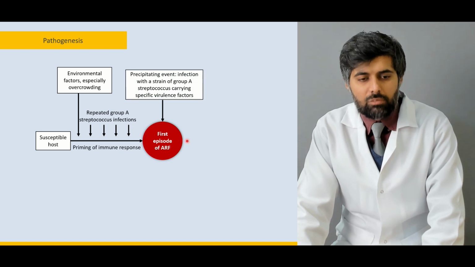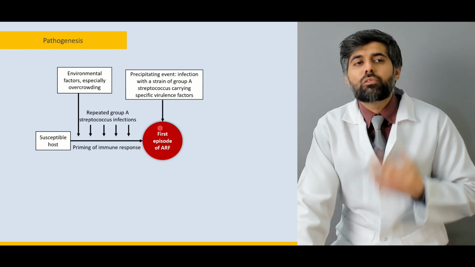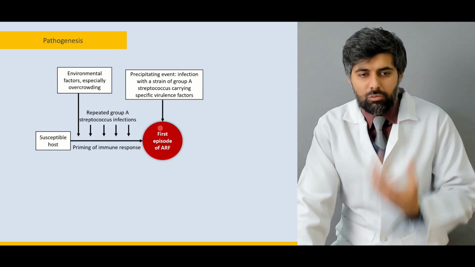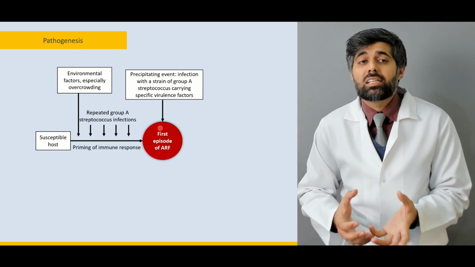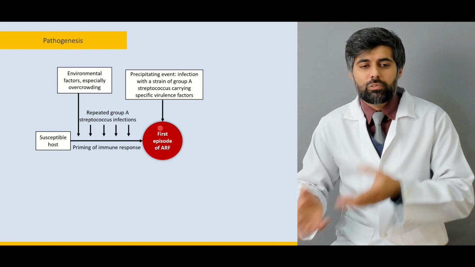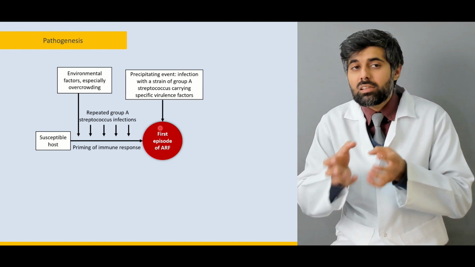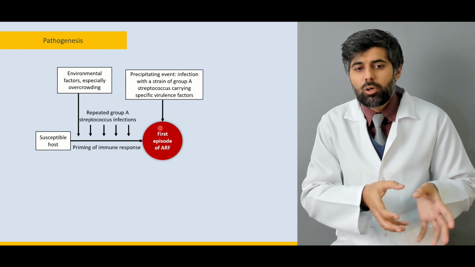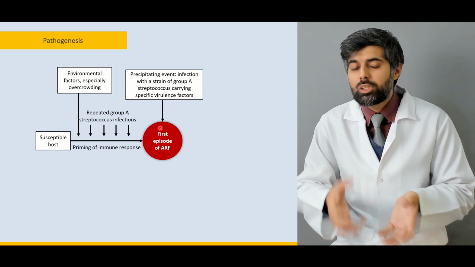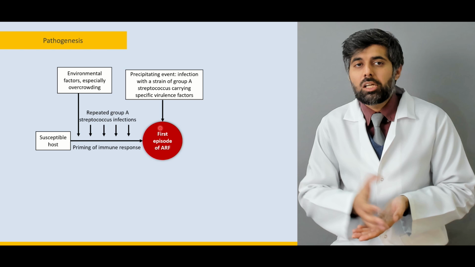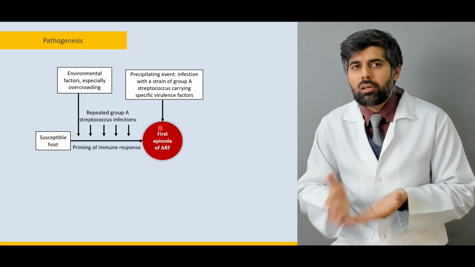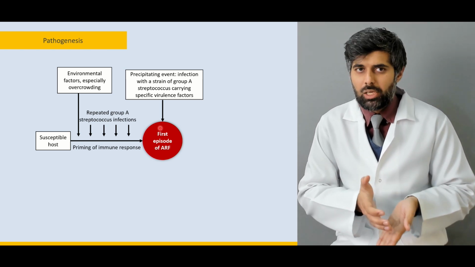This first episode is further precipitated if the patient already has a strain of group A streptococci which contains specific virulence factors. These virulence factors are the M protein and the N-acetylglucosamine.